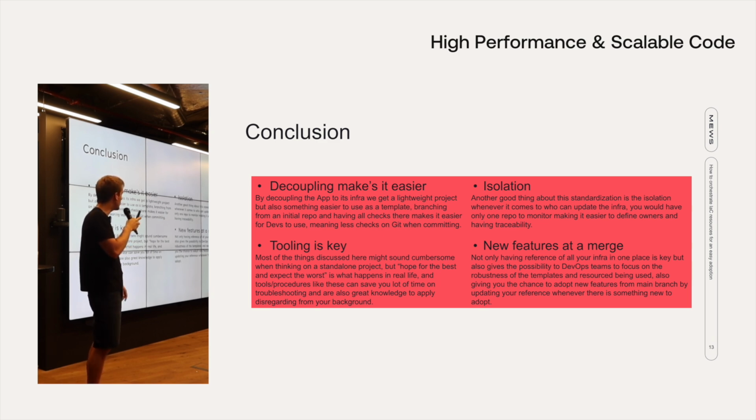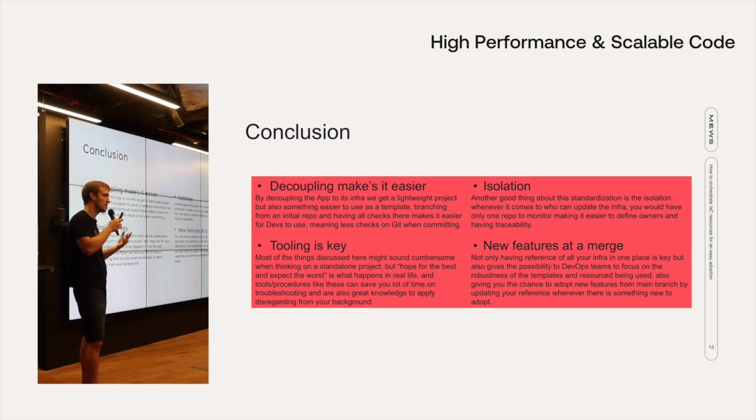And also, you can isolate, because it's much easier to update the infra and also to trace down who the owner of a particular application is whenever you have everything in one place. For example, you can trace down within the code owners file who the owner is or which team is behind a certain type of application, which makes it easier, at least for security folks, to find out who's behind an application.